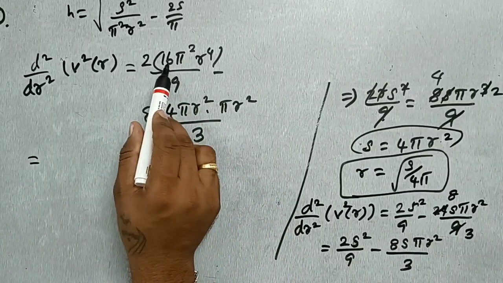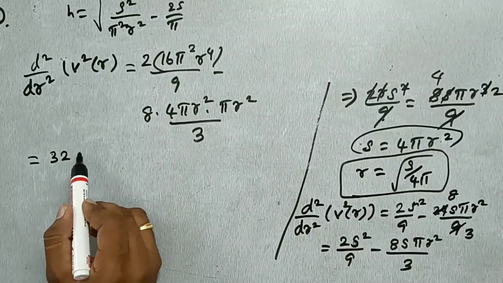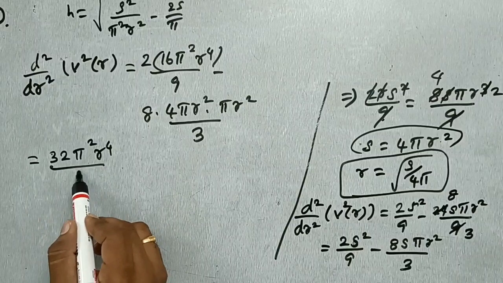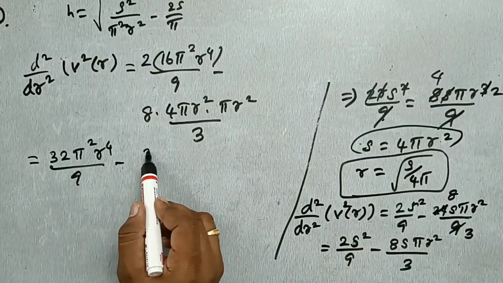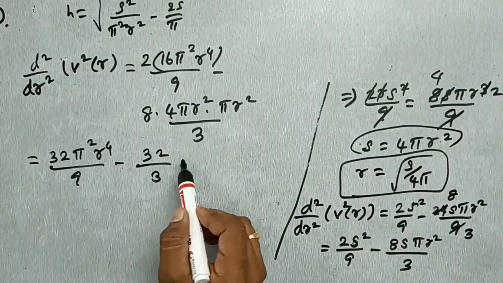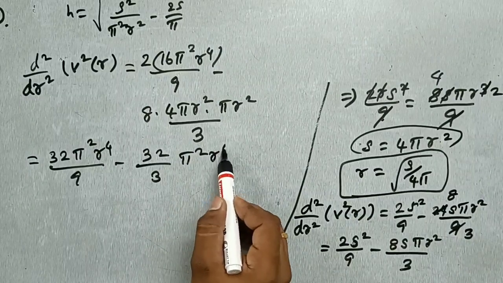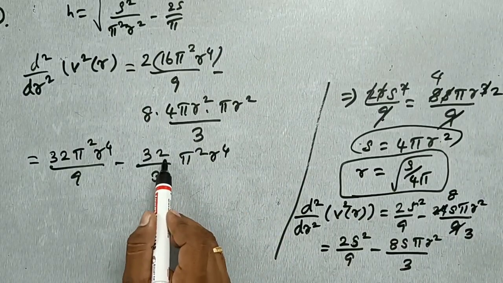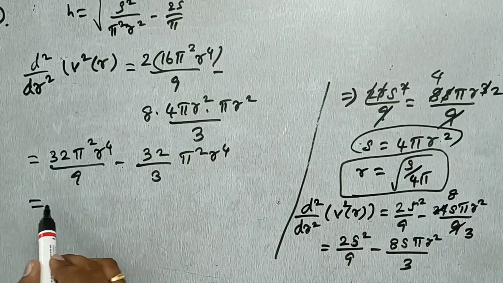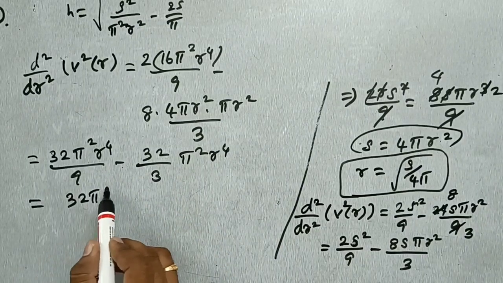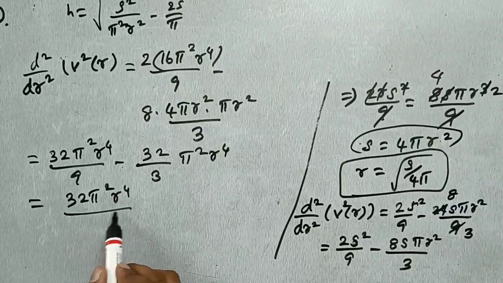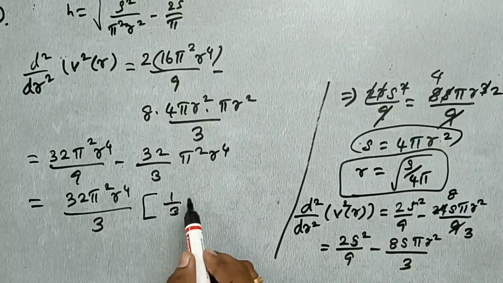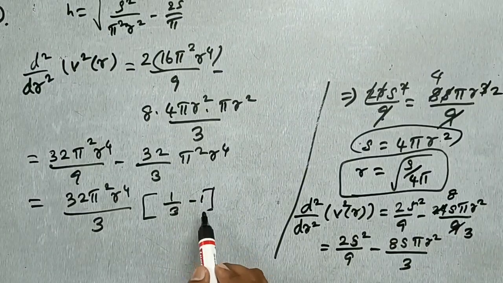So 2 into 16, 32 times pi square r power 4 by 9 minus 8 fours are 32 by 3 times pi square r power 4. So we are taking LCM, or we can take what is common here: 32 into pi square r power 4 by 3 is common, remaining it will be 1 by 3 here, it will be 1 only.